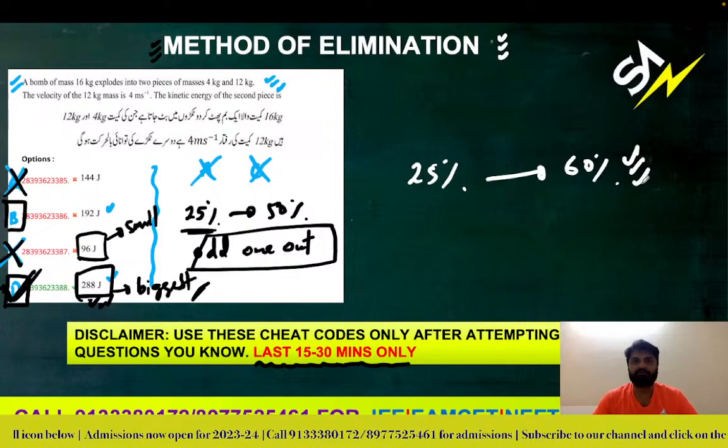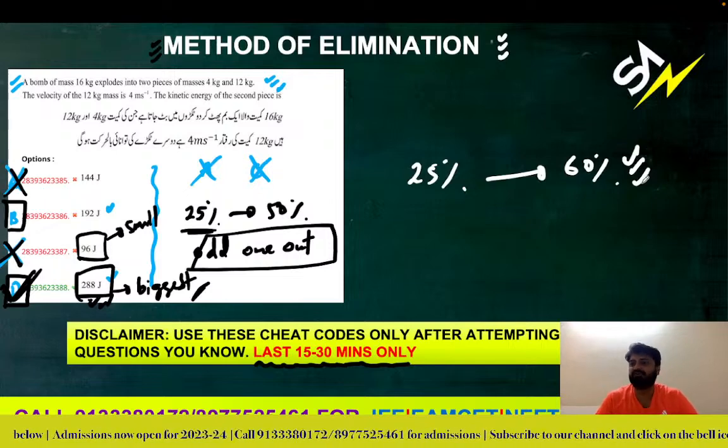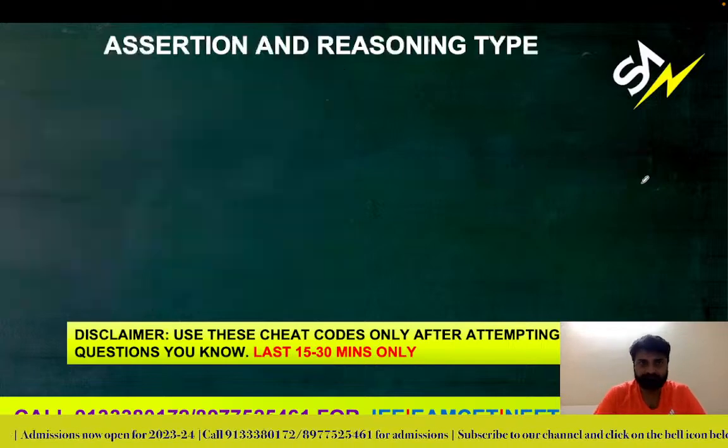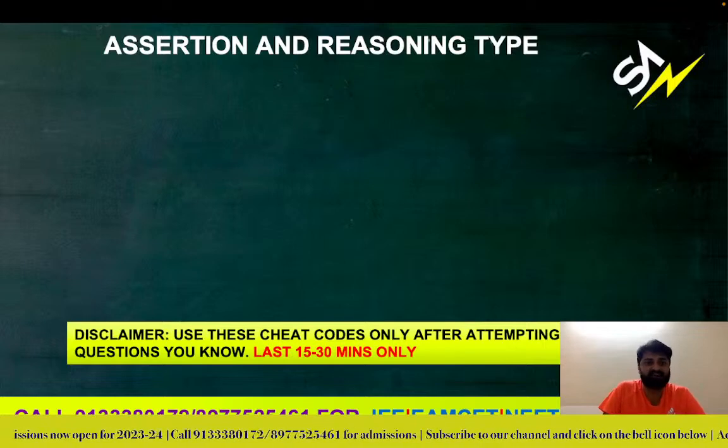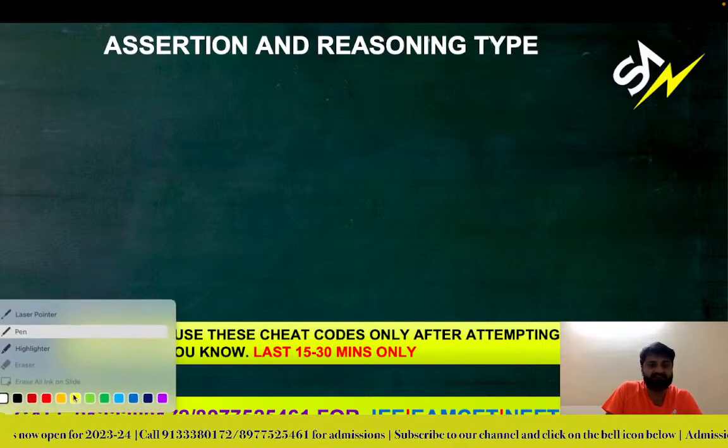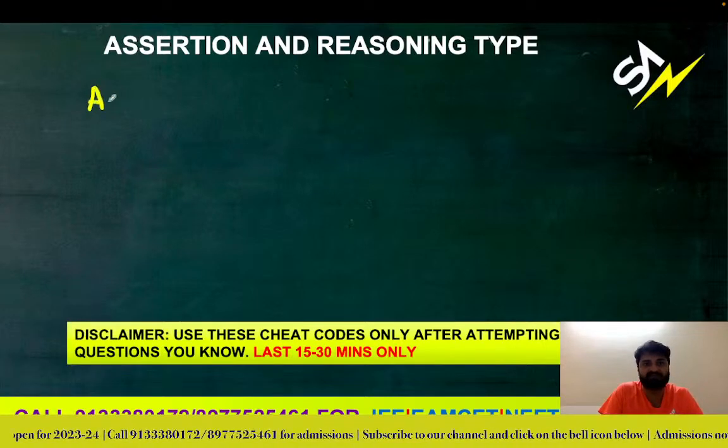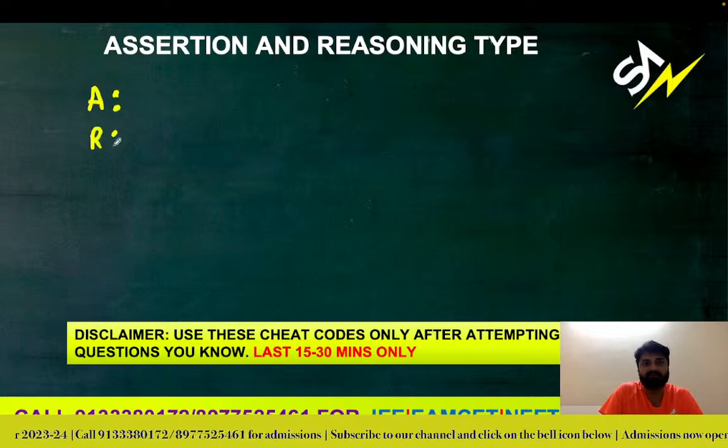So please stay tuned. This is the method of elimination, which is the first method. Now the second method, assertion and reasoning. All of you know the question will be like this. They give an assertion term and a reasoning term.